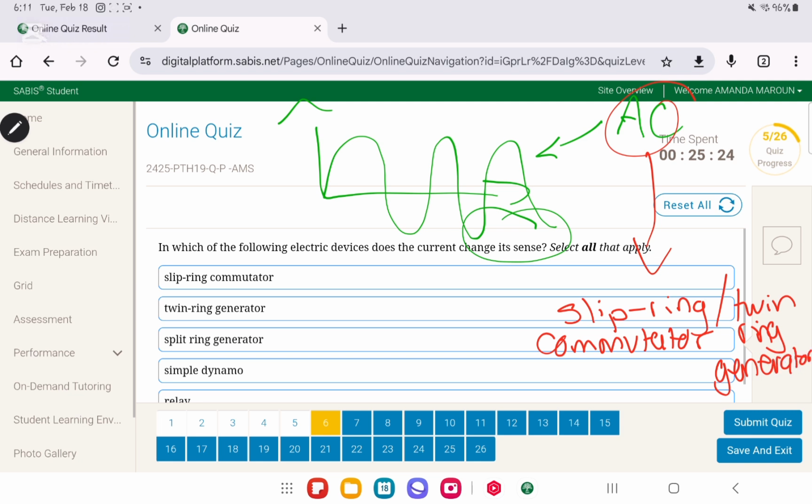So it's either slip ring commutator or twin ring generator, or another thing is a simple dynamo. Simple dynamo, because like a dynamo, for example, take in the case of a bicycle, when you pedal your bike, what happens in some bikes, I don't know if all the bikes are like this, but when you're pedaling, it will turn a light on, and this is what causes the light to turn on, the motion.